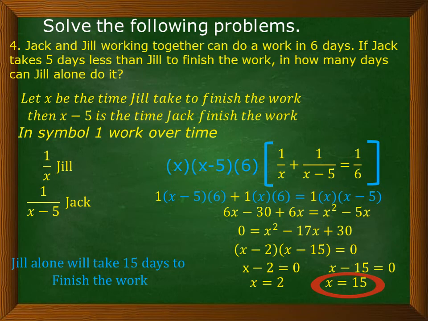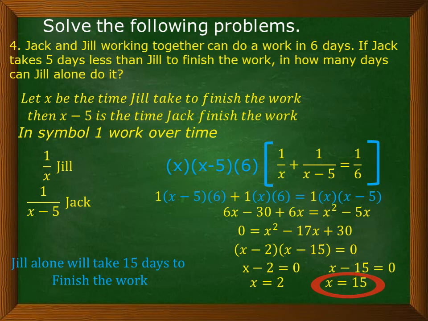Then, add, because they have the same sign, it becomes negative 17x. Where does plus 30 come from? The negative 30 at the left side, you transfer it to the right side, it becomes positive 30.